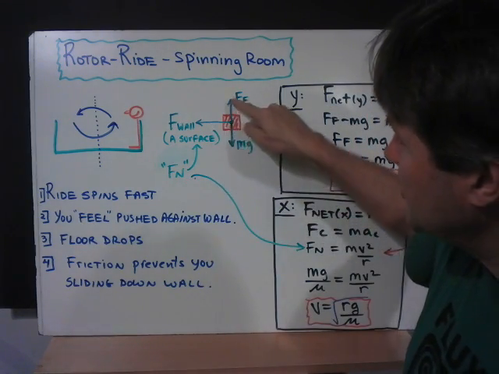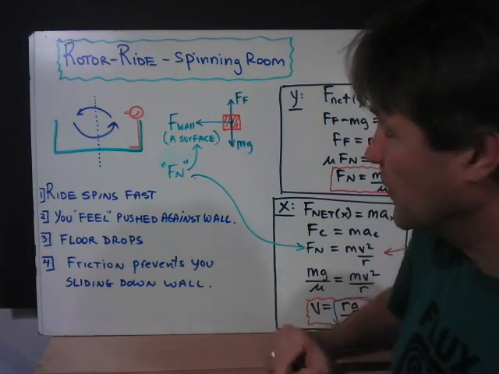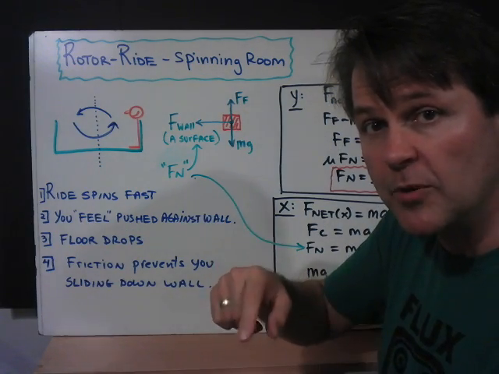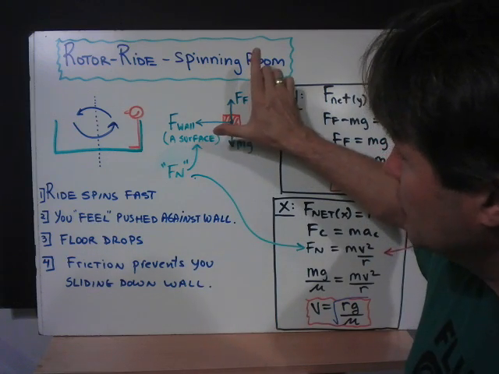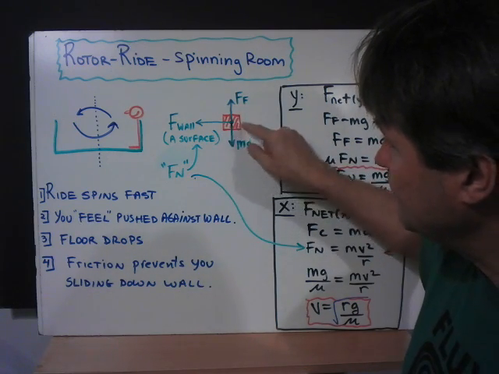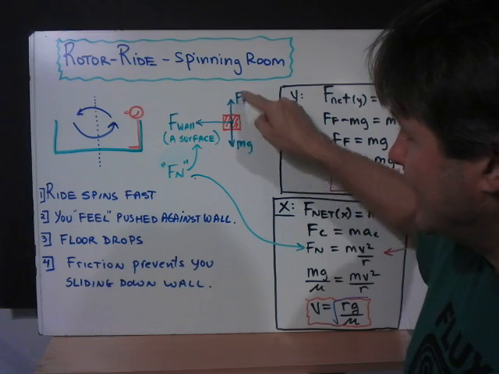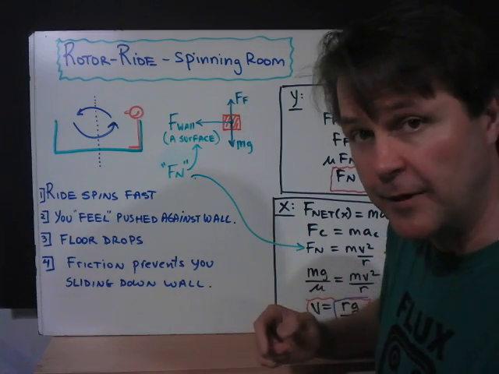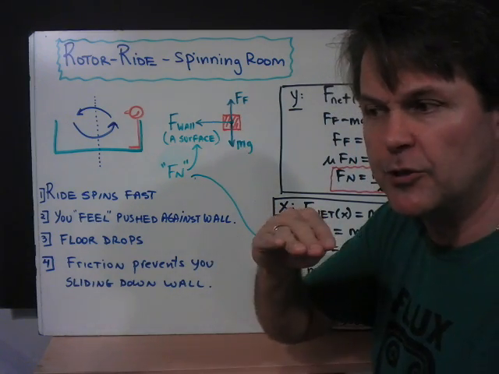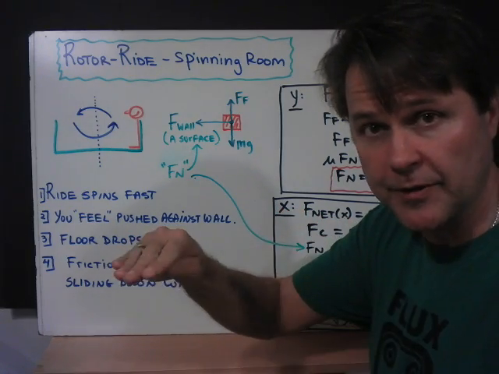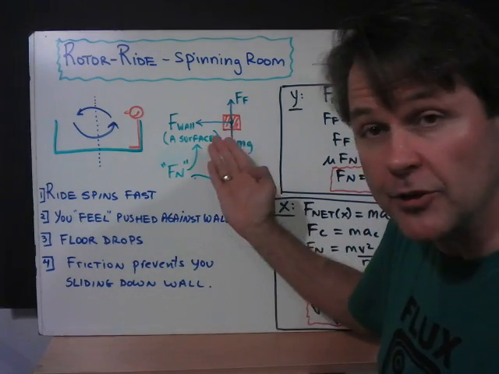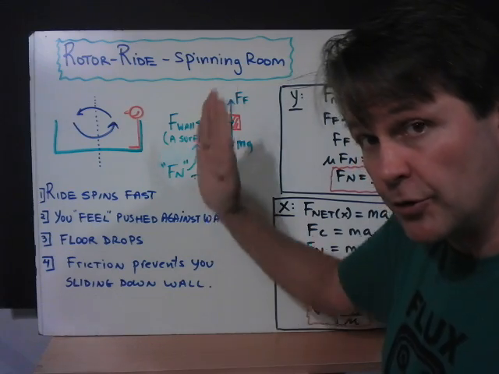And perpendicular to that, we have the force of friction. Friction and normal forces are always perpendicular to one another. So that emphasizes that upward force is in fact the friction force. Usually we see friction forces along horizontal surfaces. Here's an example of a friction force on a vertical surface.